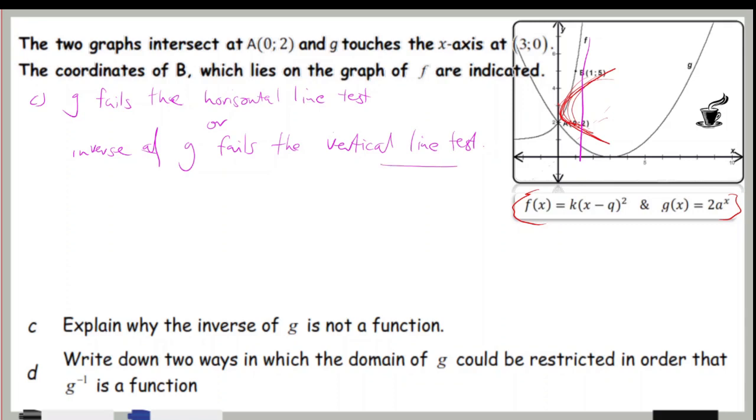Anything that makes theoretical sense as far as inverses is concerned would be deemed acceptable and gain the full 2 marks.